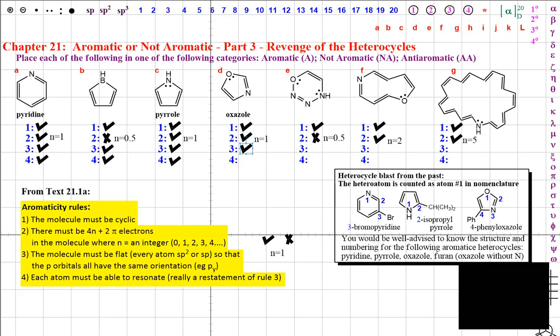Nitrogen always was sp2. With rehybridization so that these can resonate, that makes them all sp2. Everything is sp2 in this molecule. After rehybridization of nitrogen, everything's sp2 in this molecule as well.